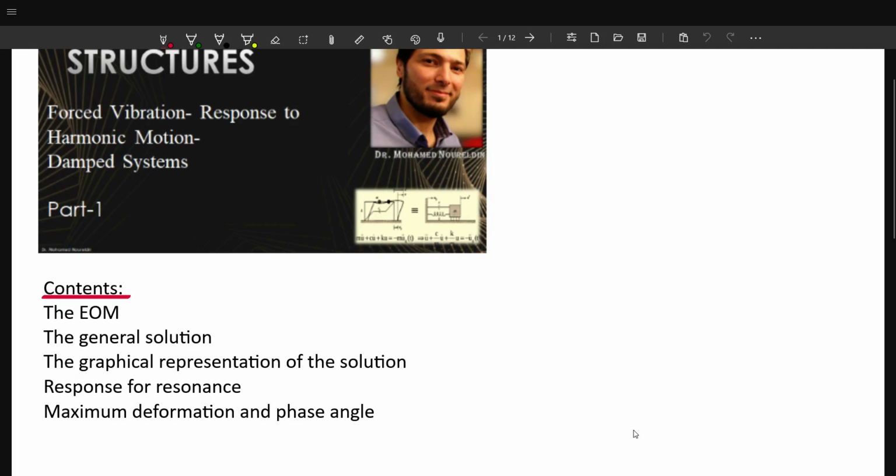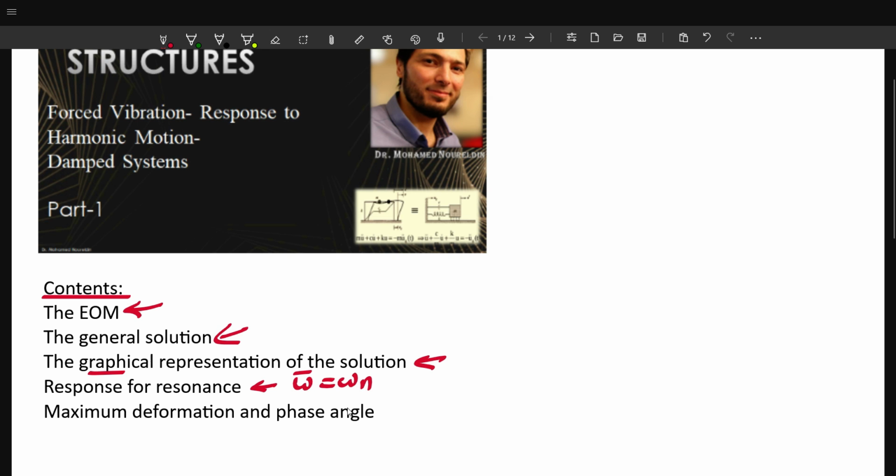As you can see here, these are the contents of today's video. First of all, we are going to talk about the equation of motion, and then the general solution after that, and the graphical representation of the solution, and then the response for resonance, whenever we have omega equal to omega n, or omega, the forcing frequency, equal to omega n.